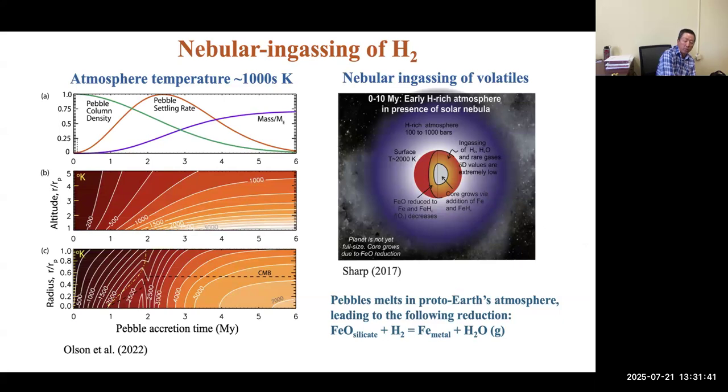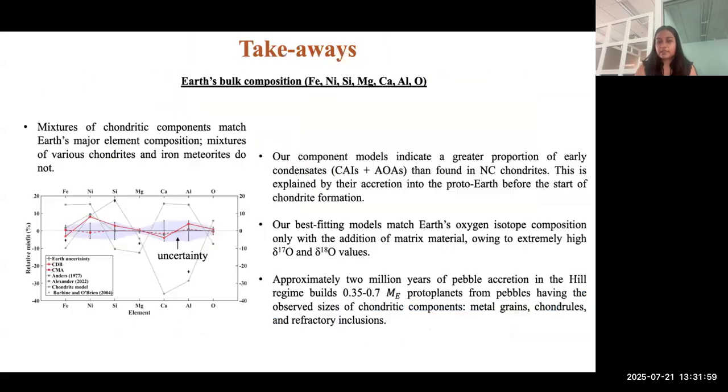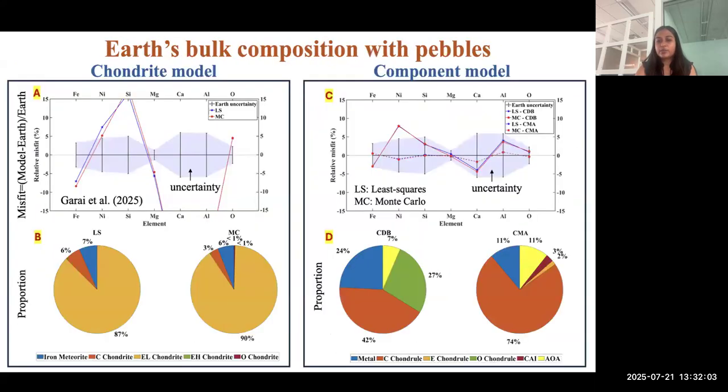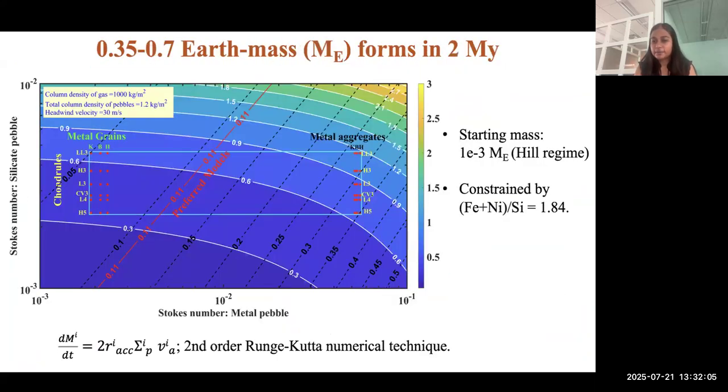I might have missed one point. For pebble accretion, you need the seed. And how do you determine the composition of the seed? I have assumed that it has the same composition as Earth. And also I'm showing a homogeneous accretion scenario.